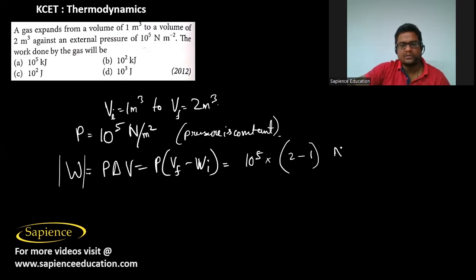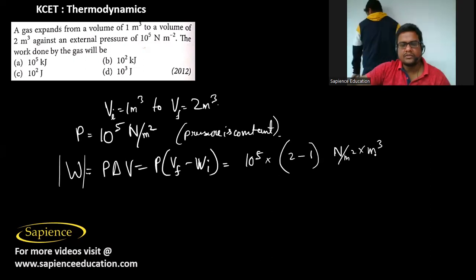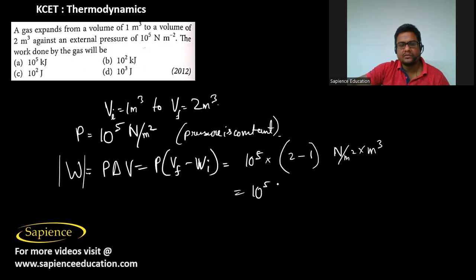So it is Newton per meter square into meter cube, which will be equal to joule, which is 10 power 5 joule. Or I can say it is 10 square into 10 power 3 joule, means kilojoule. So 10 square kilojoule. So option B is the correct answer.